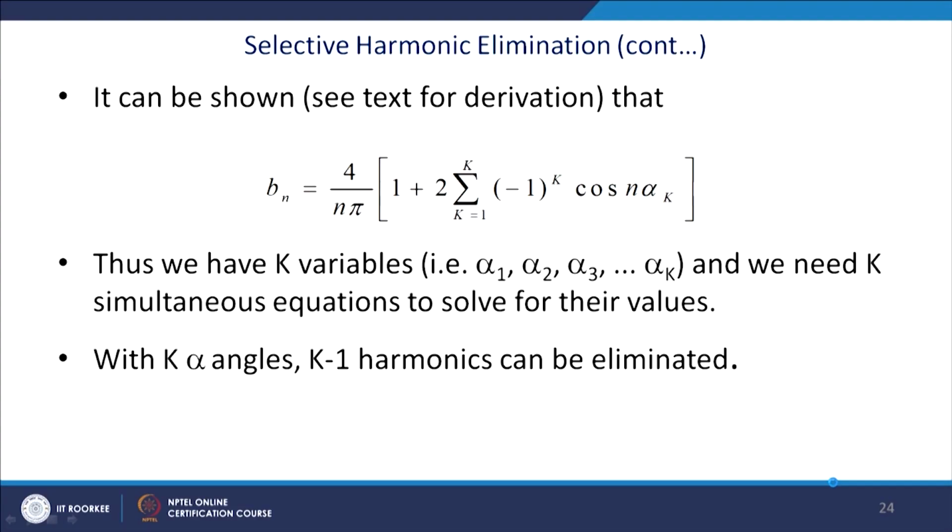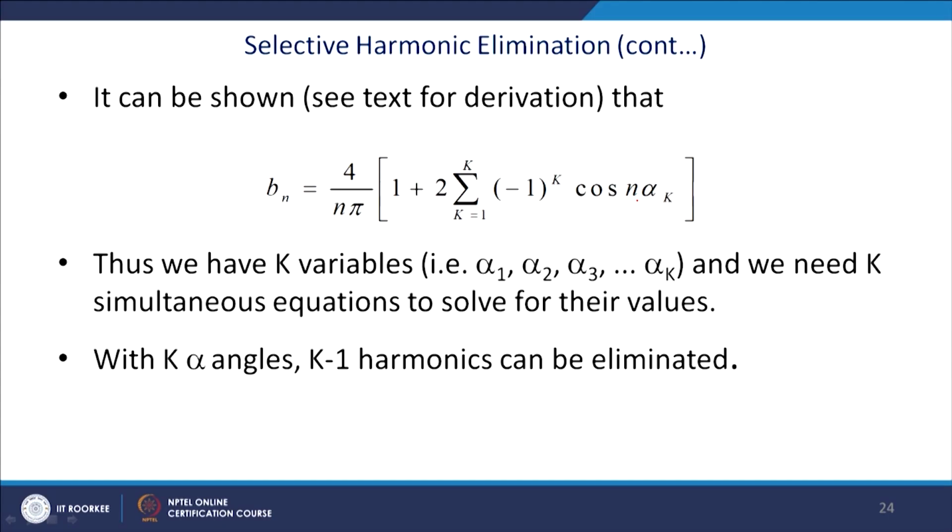Within Bn we require to calculate, and by choosing the value of k we can eliminate different harmonics with different values of alpha. Let us say k equal to 1. You can choose a particular value of alpha so that that particular frequency can be eliminated.